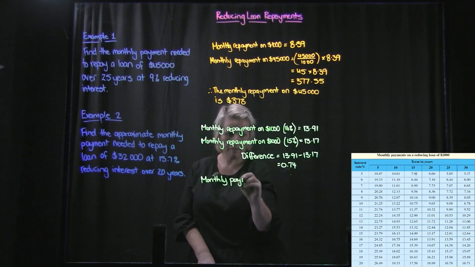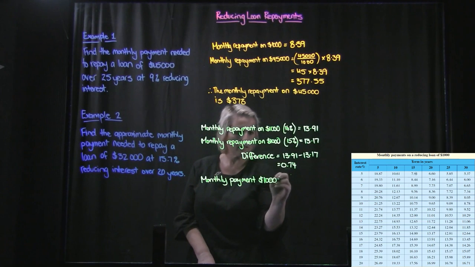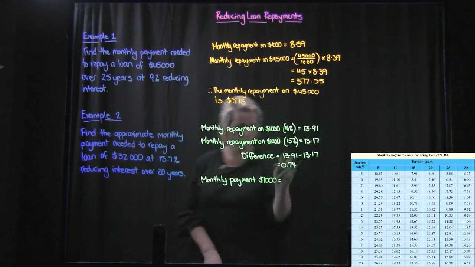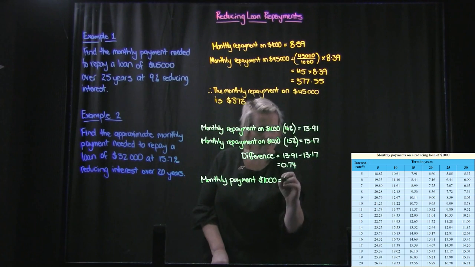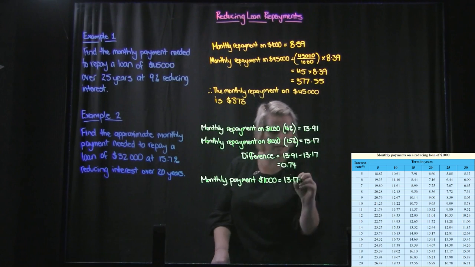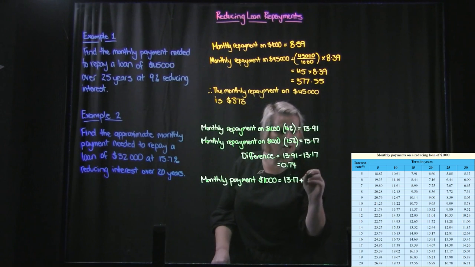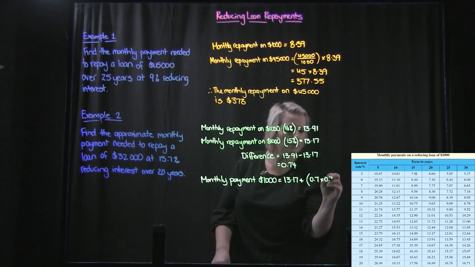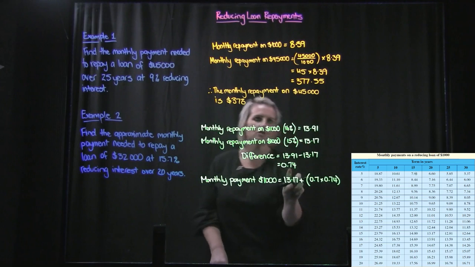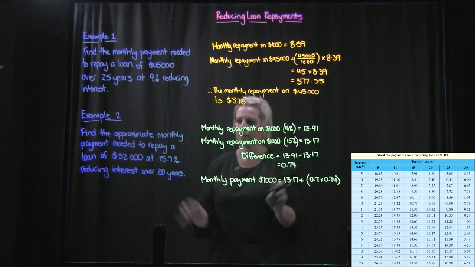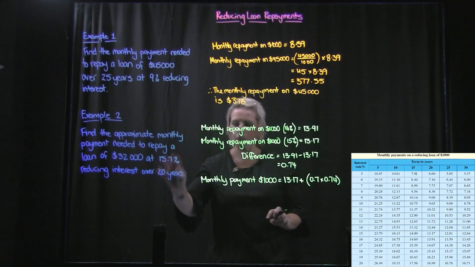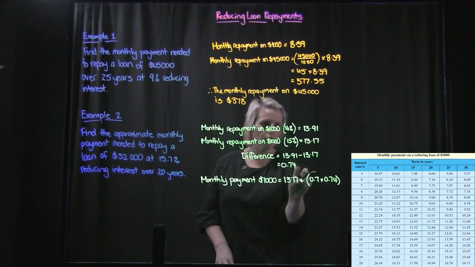my monthly payment on 1,000 is going to be, so this is not looking at either of these, I'm going to have my $13.17 amount for 15, that's what I need to start with, plus I'm going to add on my 0.7 times my 0.74, yeah? So this 0.74, remember, because it's 15.7, I need 0.7 of the difference between them.